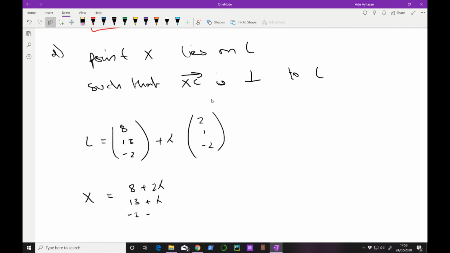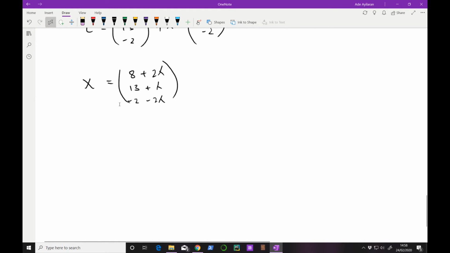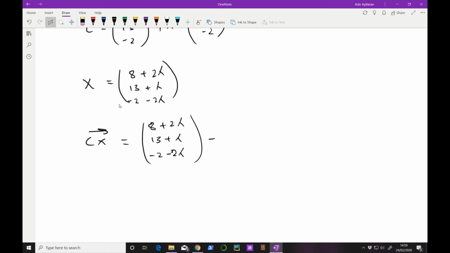Okay, so far, that is our point X. If that is our point X, then our direction CX must be equal to 8 plus 2 lambda, 13 plus lambda, minus 2 minus 2 lambda, take away the position vector of the point C, which is 996.